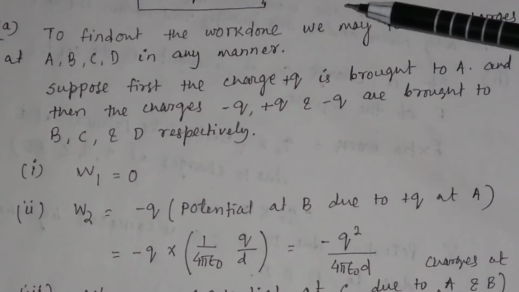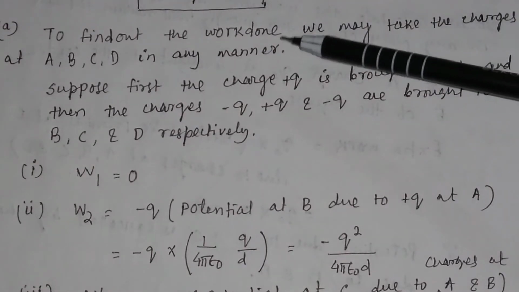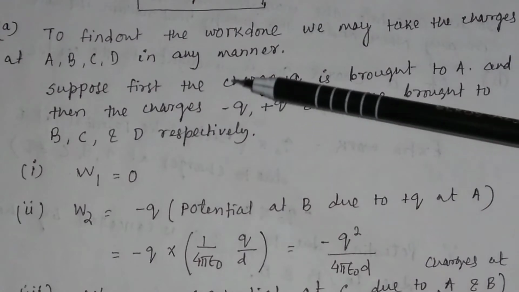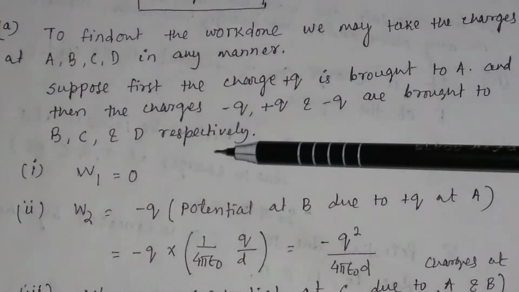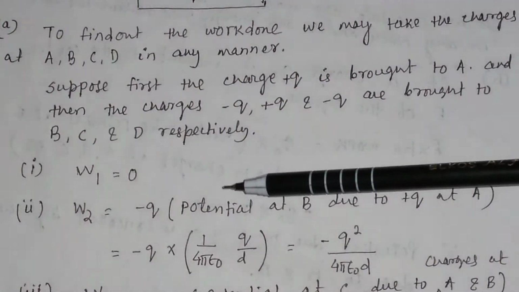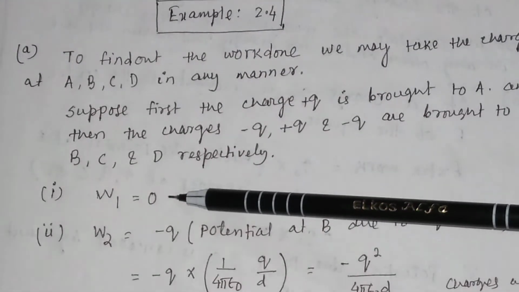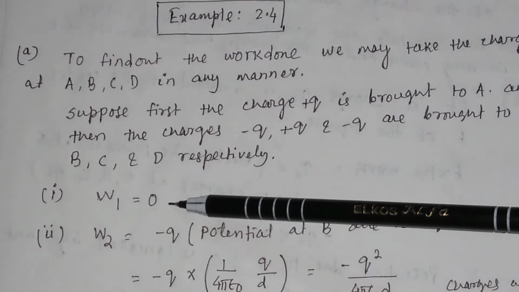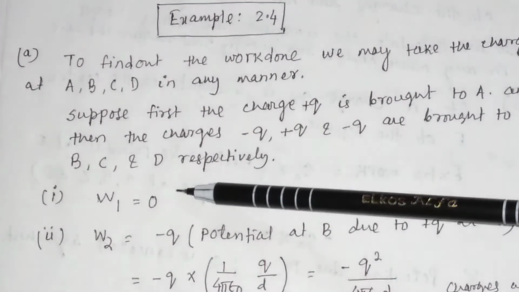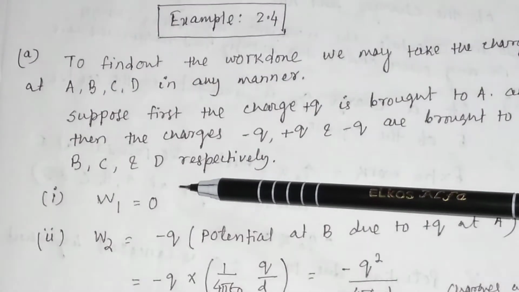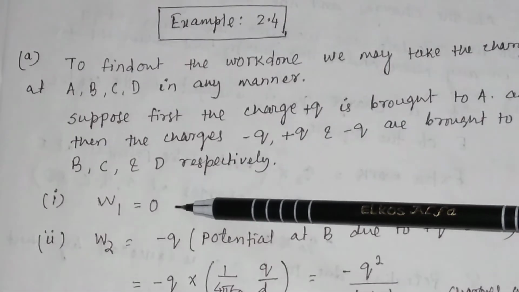You may bring the charges A, B, C, D in any manner, but we have first taken the charge A, then B, then C, then D. So when you bring the charge plus Q from infinity to the point A, the work done will be equal to 0.